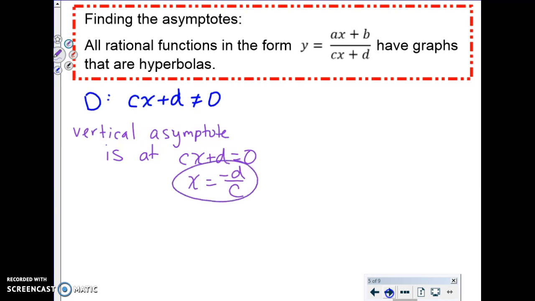So my vertical asymptote is found by taking those numbers in the denominator and solving for what my domain restriction would have been. The horizontal asymptote is a little bit different.